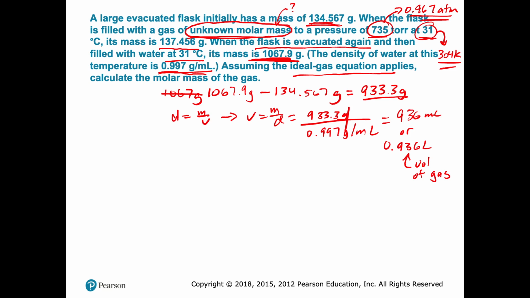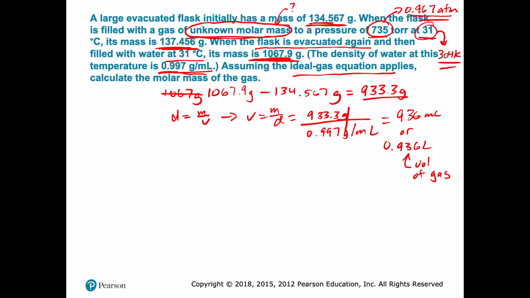Now we have to figure out the mass of the gas. We can do that the same way, where we have the mass of the flask with the gas in it, 137.456 grams, and the mass of the flask without anything in it at all.